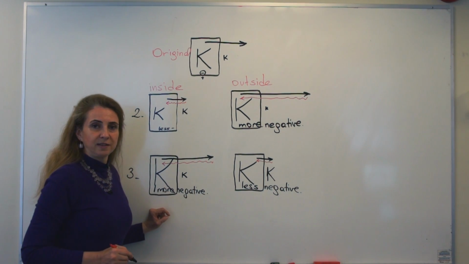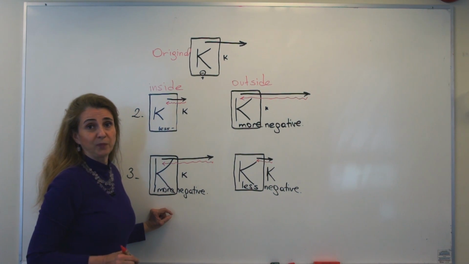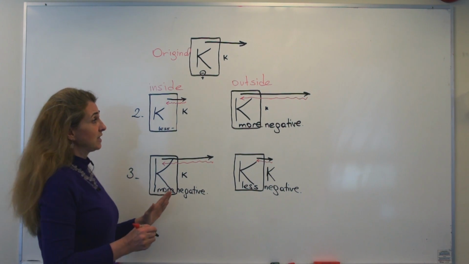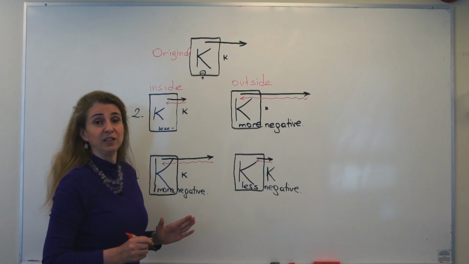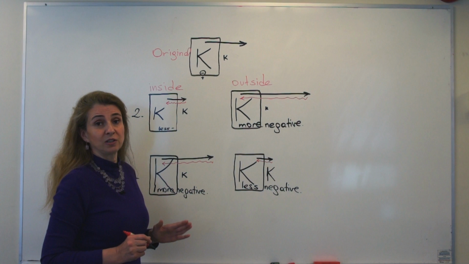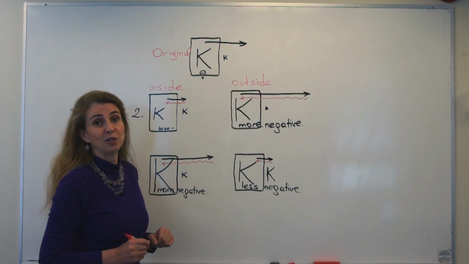So this was an example of how we can change the Nernst potential. It basically depends on the fact that the Nernst potential itself is created by the concentration difference. The only way you can change it is by changing the concentration difference.